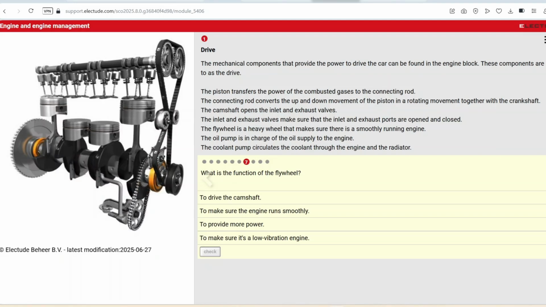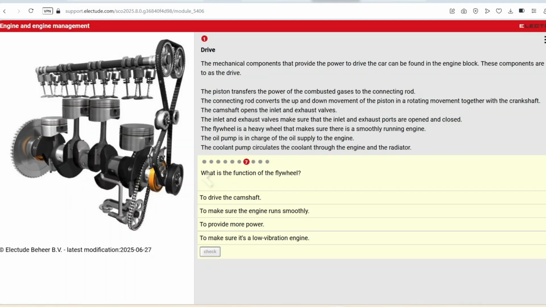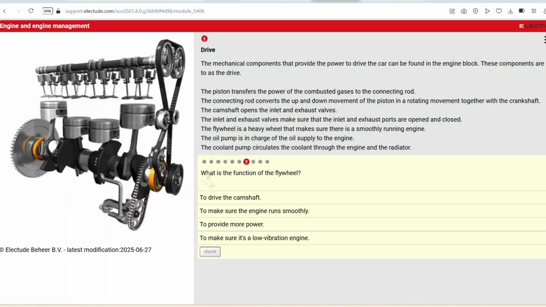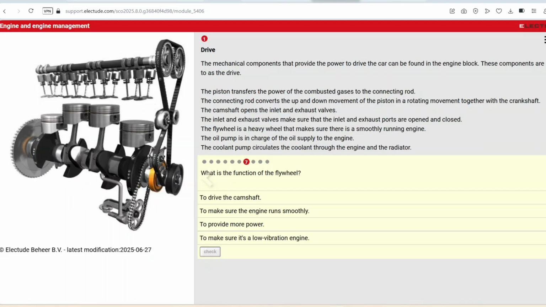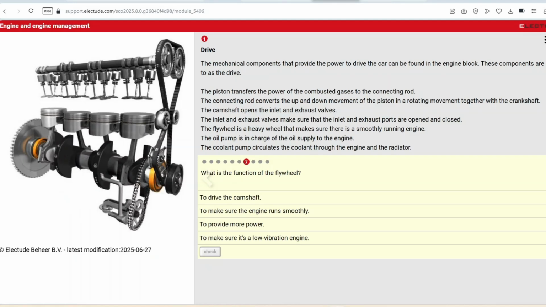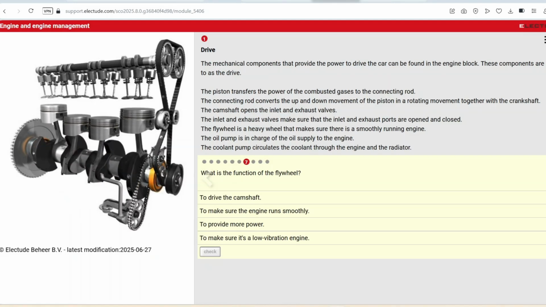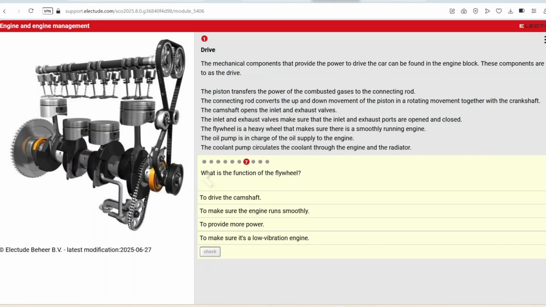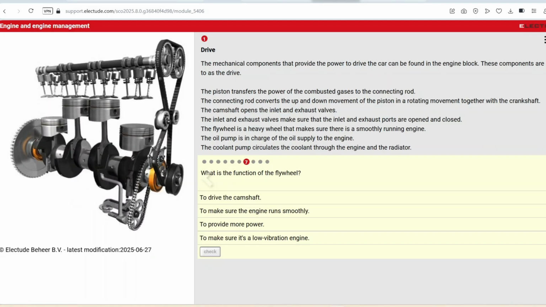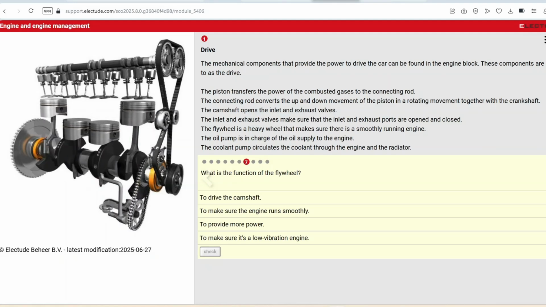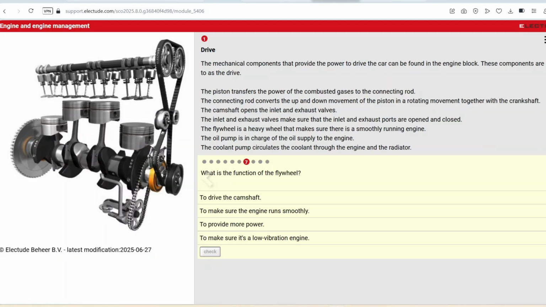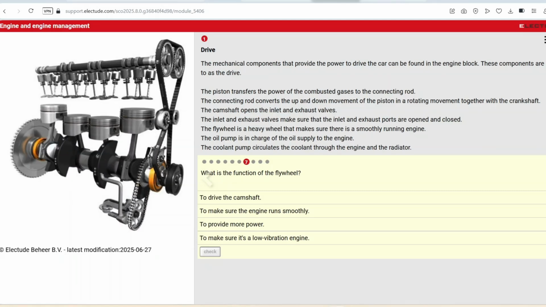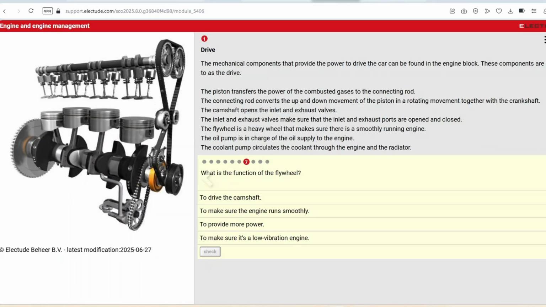I believe the last answer is correct. To provide more power, I don't really think so. I'll say that's false. Make sure the engine runs smoothly, I'll say yes to that. And then to drive the camshaft, the flywheel, I don't think so.